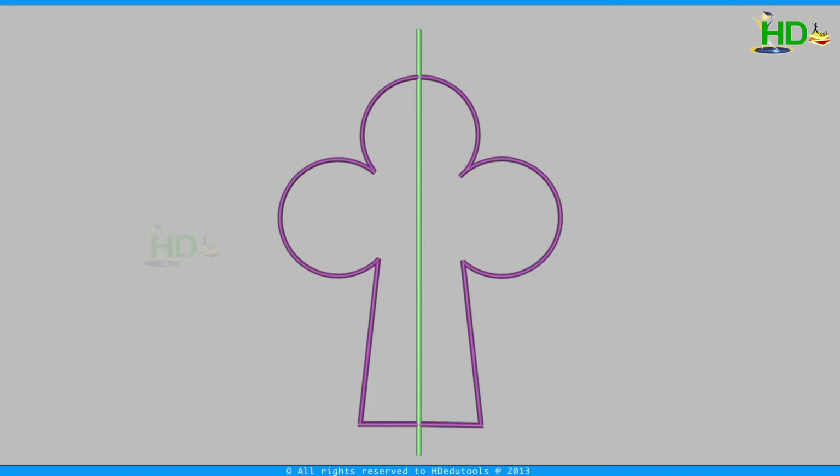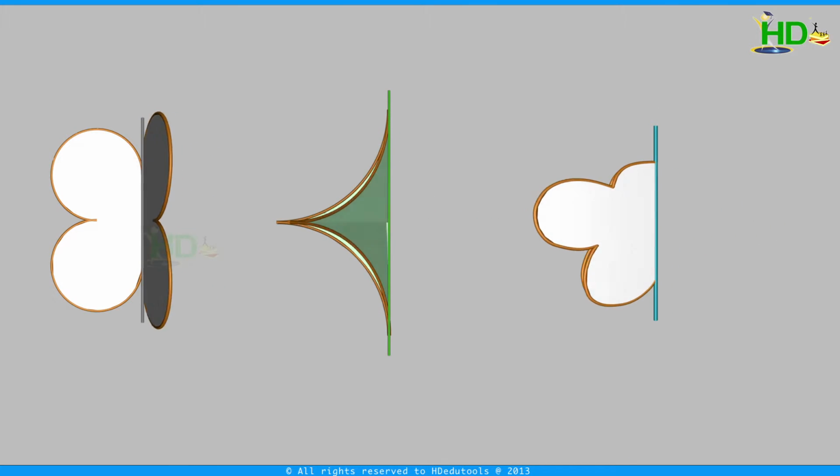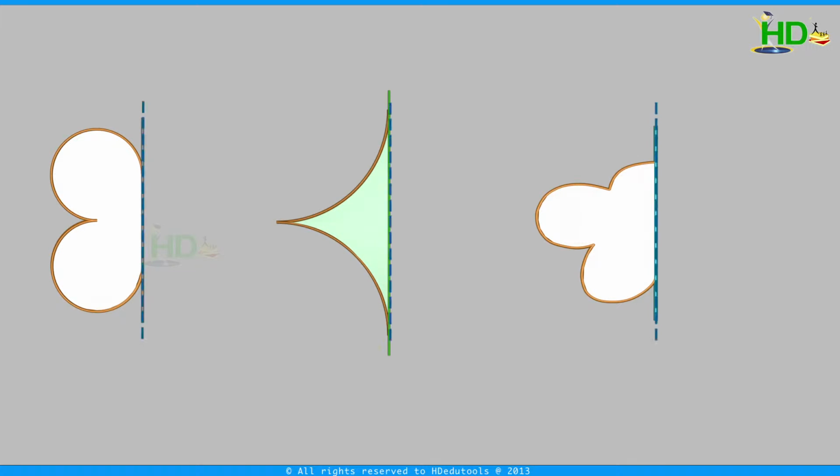In this case, if you fold this across this line, you can find the symmetry. These three figures have symmetry as they can be divided in such a manner that two parts of the figure coincide with each other when they are folded along the line of symmetry. This line is called the line of symmetry.